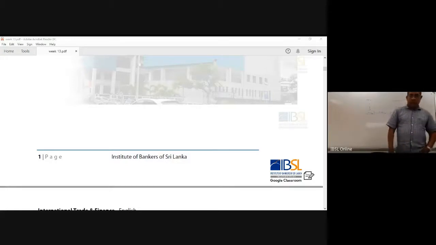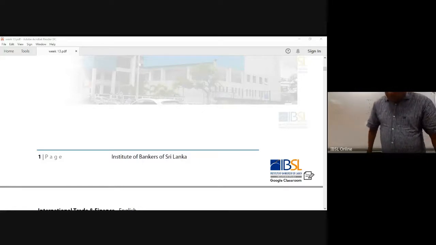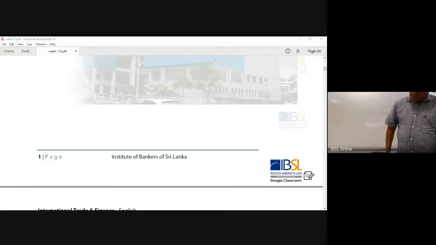Except, there are two conditions making them bound to negotiate. A: where they have expressly agreed and communicated to the beneficiary.